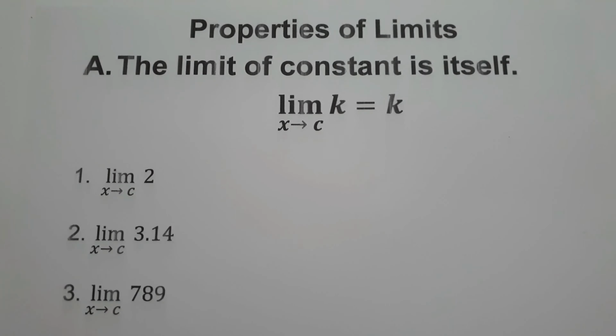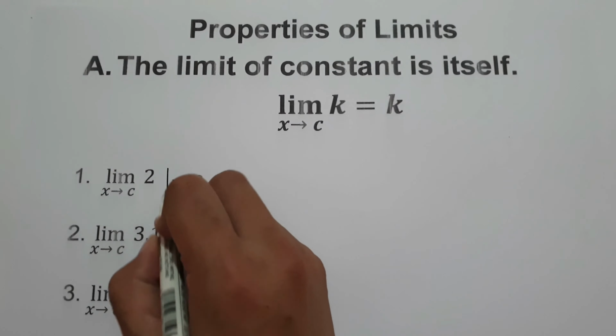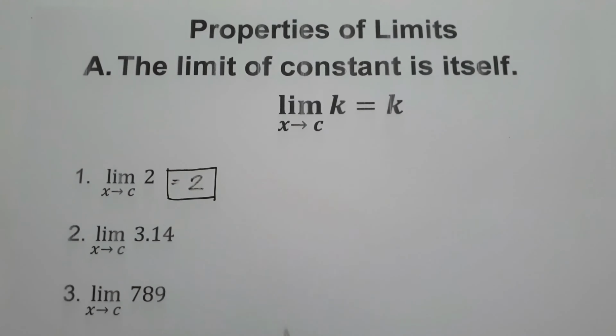For example, the limit of 2 as x approaches c is equal to 2 because the limit of a constant is equal to itself. So therefore, the limit of 2 as x approaches c is equal to 2. So this will be our answer.